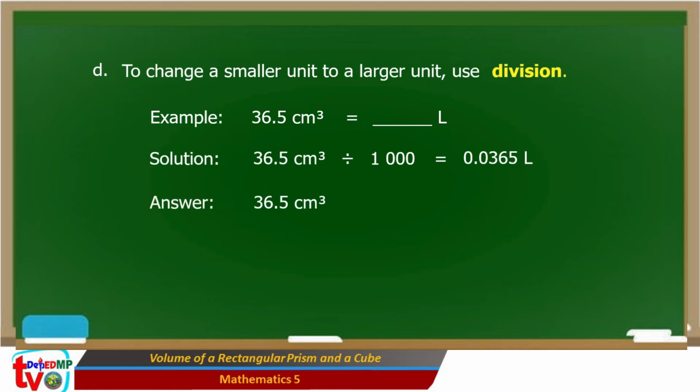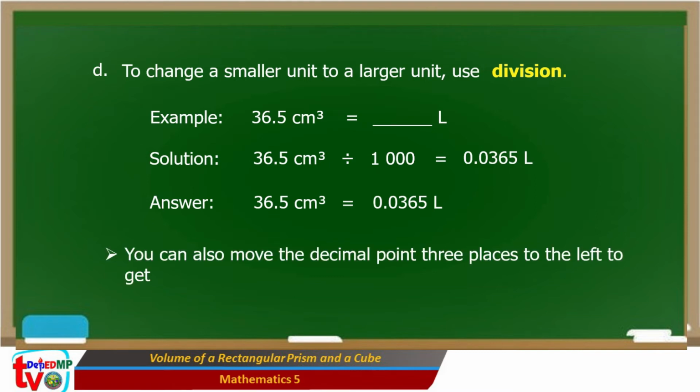Answer, 36 5/10 cubic centimeters equals 365 10,000ths liter. You can also move the decimal point 3 places to the left to get 365 10,000ths liter.